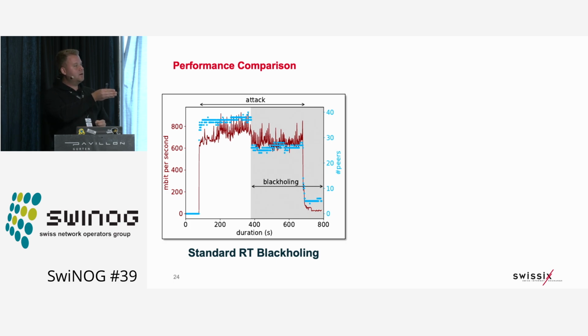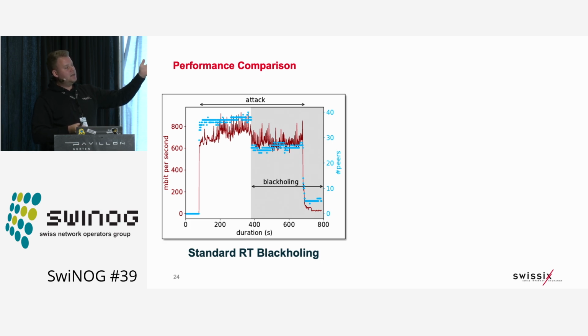And you see here the overtime measurement, which we did. On the x-axis, you see the time. On the y-axis on the left, you see the size of the attack in terms of traffic, megabits per second. That is the red line. And on the right, you see the amount of peers in blue, where the bad traffic originates from, just from the IX perspective. So we started the attack and then started to use our standard remote triggered blackholing.